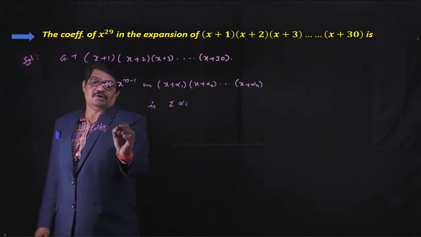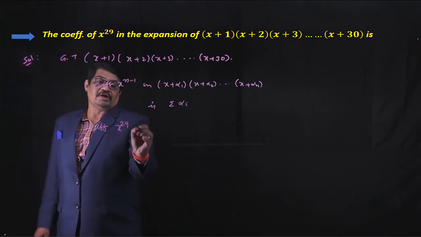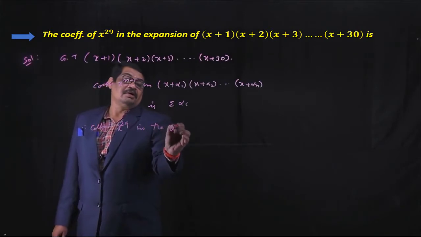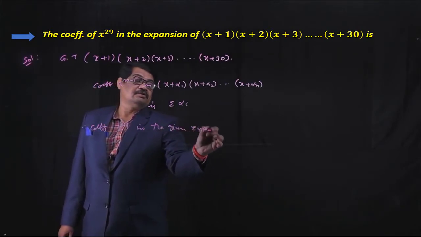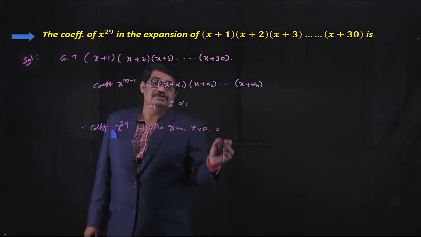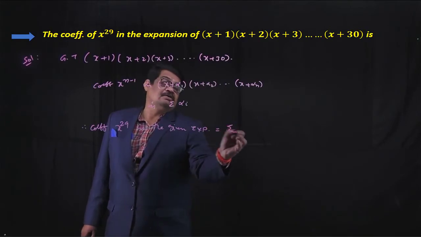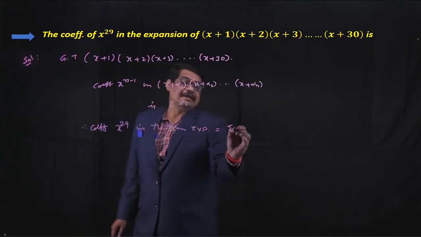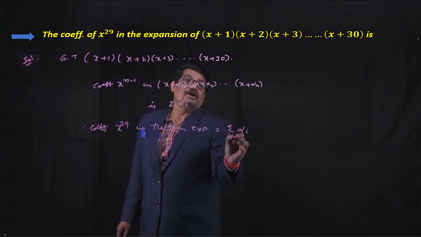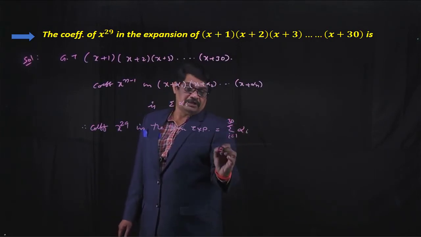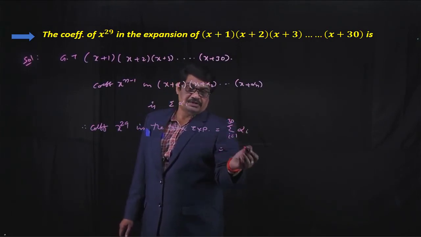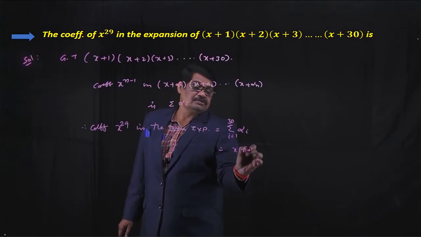Therefore, the coefficient of x to the power of 29 in the given expression is equal to sigma alpha i, i is 1 to 30. What is the formula? n into n plus 1 by 2.